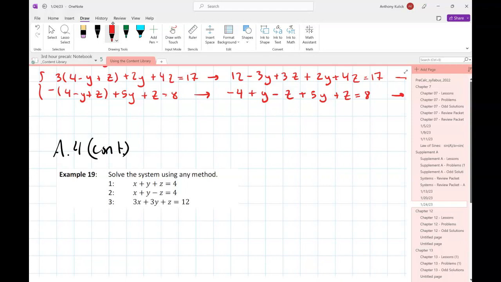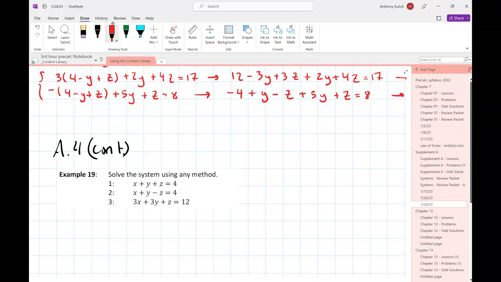We still have one more method to talk about other than substitution and elimination. And we still have to talk about what an infinitely many solution situation looks like and how we use that situation to generate the general solution.